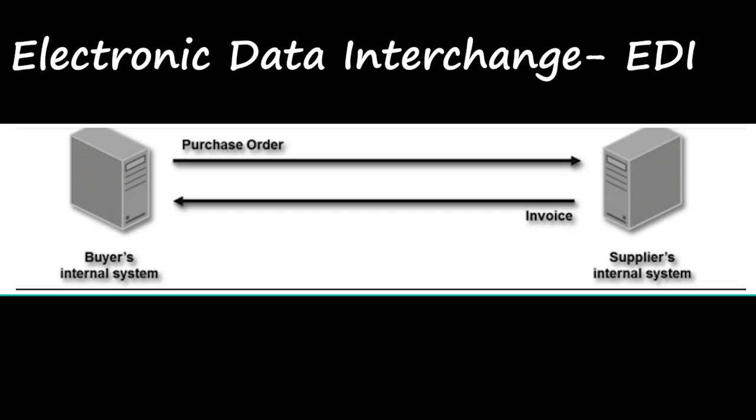Earlier EDI documents were transmitted electronically by the use of radio, teletype, telex messages, or telephone. Okay, in ancient days, EDI documents were sent electronically using radio, teletype, telex machines, that is telex messages, and telephones.